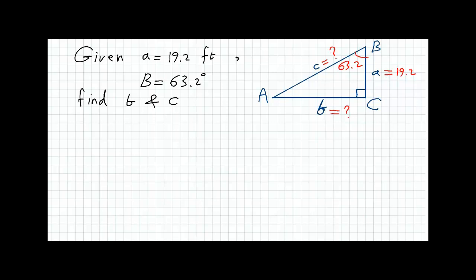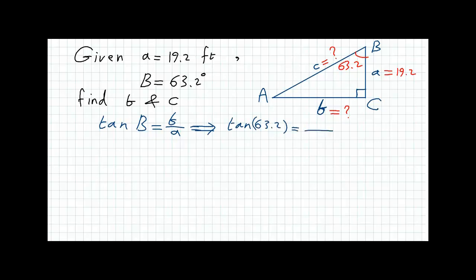The trigonometric ratio which combines a and b, the adjacent and the opposite, is the tangent ratio. So tangent B is equal to b over a.